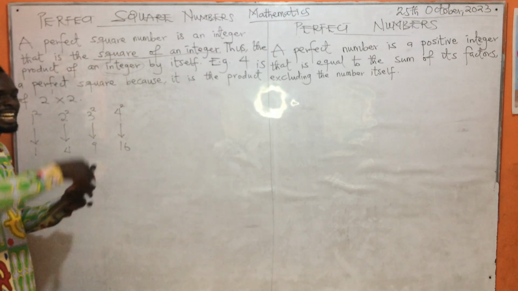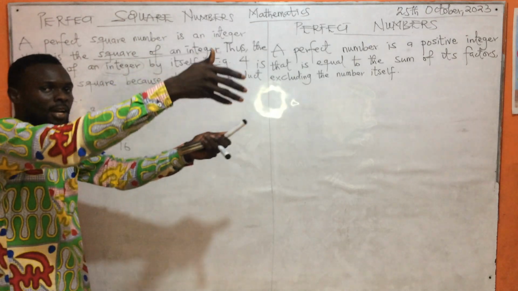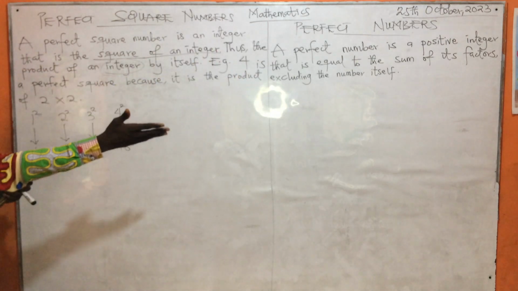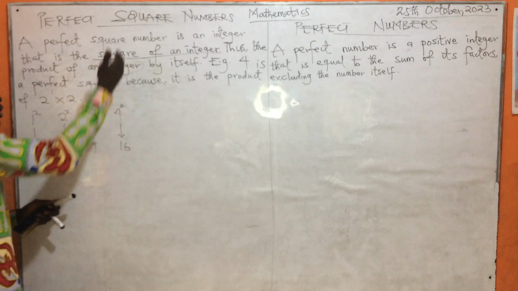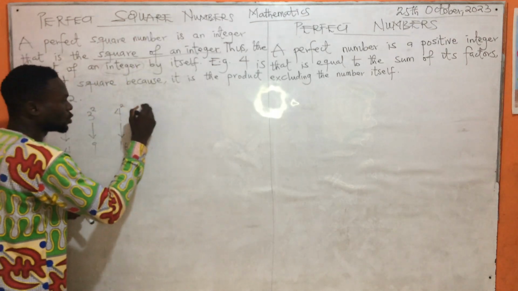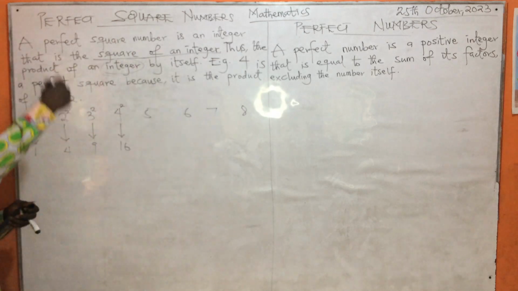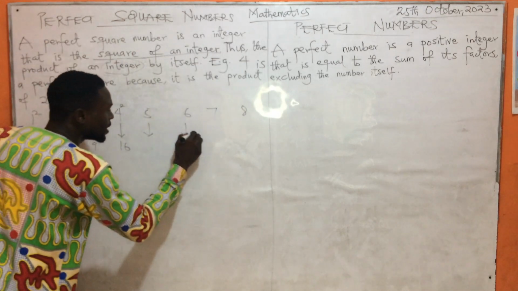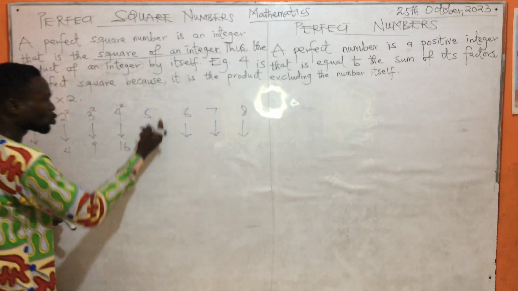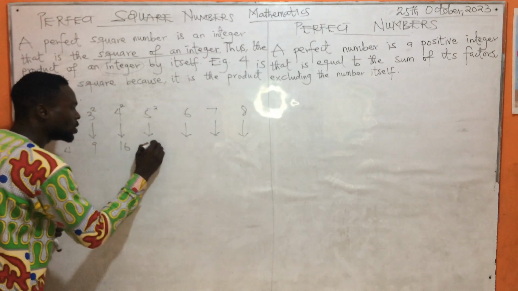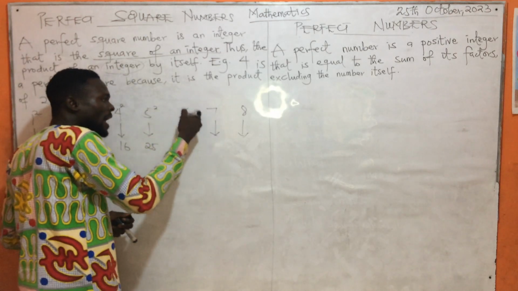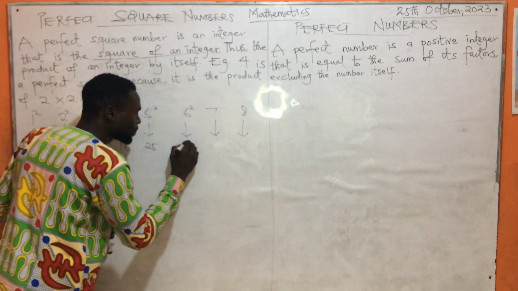Remember we said the square of an integer. So the integers we have are positive: 1, 2, 3, 4, 5, 6, 7, and so on and so forth. So if I square 5, I am getting 25. If I square 6, I am getting 36.